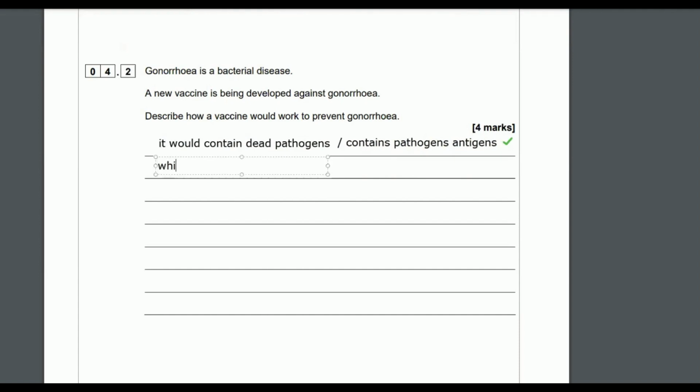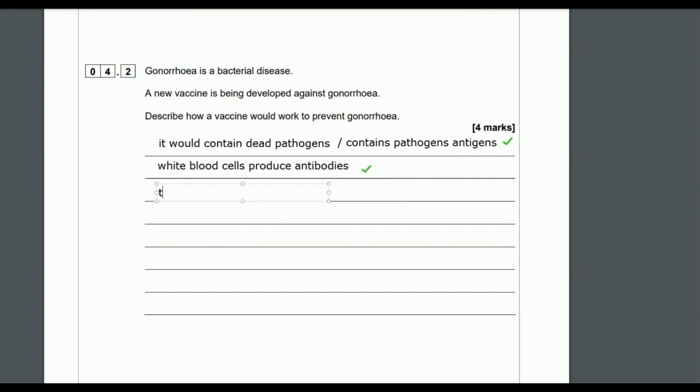And then white blood cells produce antibodies. So the key when you're doing vaccines, you want to be thinking of dead pathogens. The next keyword is antibodies. The white blood cells then produce antibodies.